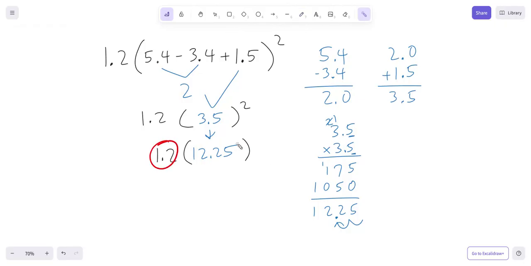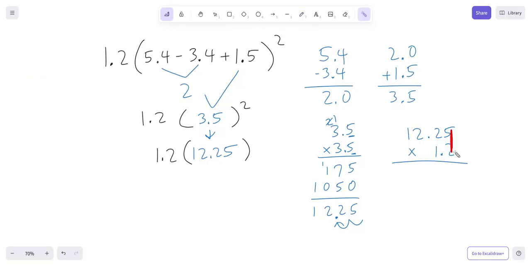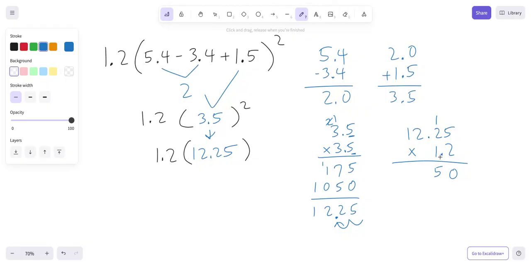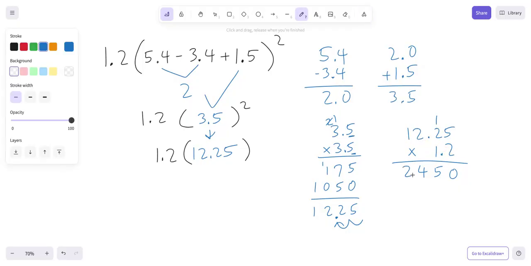And parentheses 1.2. So lastly, this implies multiplication when a number is next to a parentheses. This one has 2 digits, this one has 4, so I'm going to put the 4 on top because I think it's less rows, but it's your choice. 12.25 times 1.2. Again, I do not need to line up the decimals because we're multiplying. That's only for adding and subtracting. 5 times 2 is 10, 2 times 2 is 4, plus the 1 is 5, 2 times 2 is 4, 1 times 2 is 2.